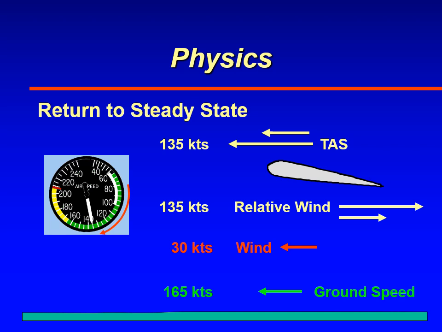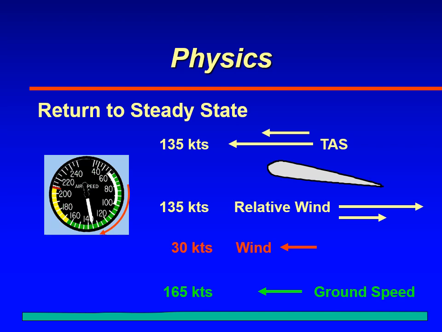For airplanes that have little momentum, it doesn't take much force to accelerate to that airspeed. But airplanes that have a lot of momentum, we're talking larger airplanes, we're talking jets, 747s are massive, they have a lot of momentum. It takes a lot more force for them to accelerate.